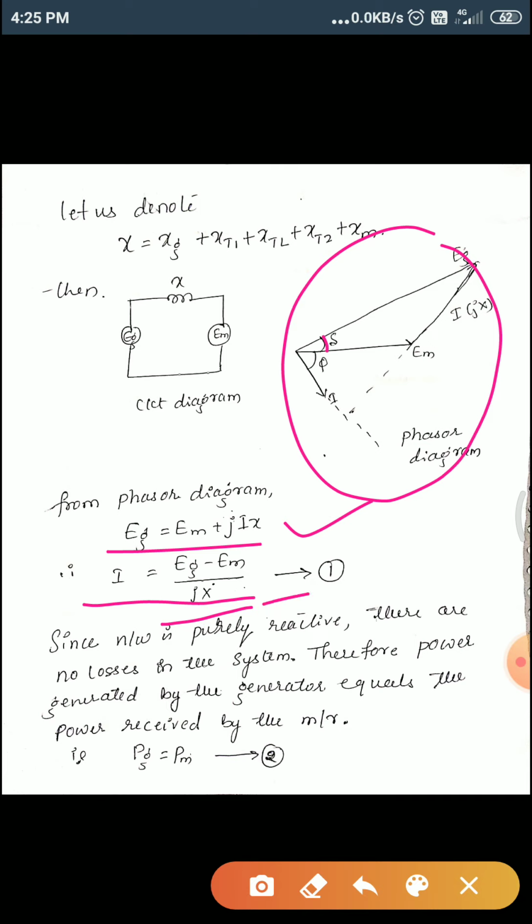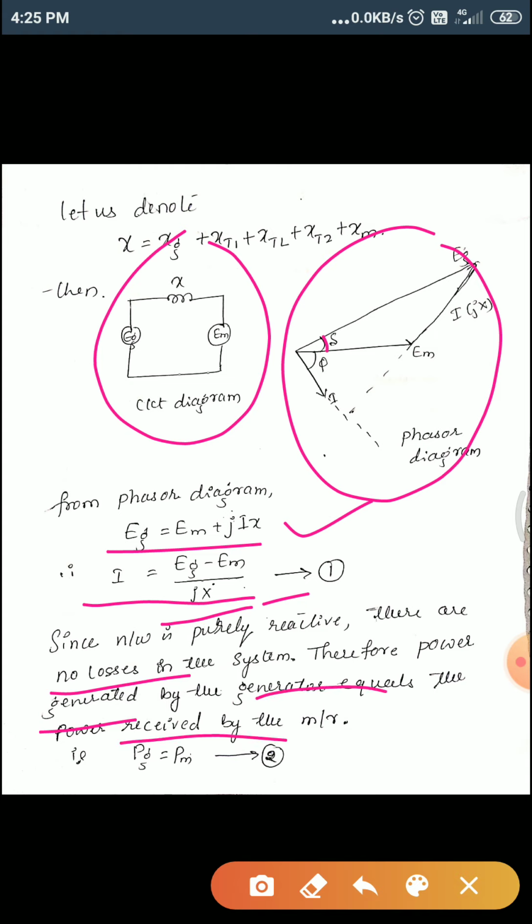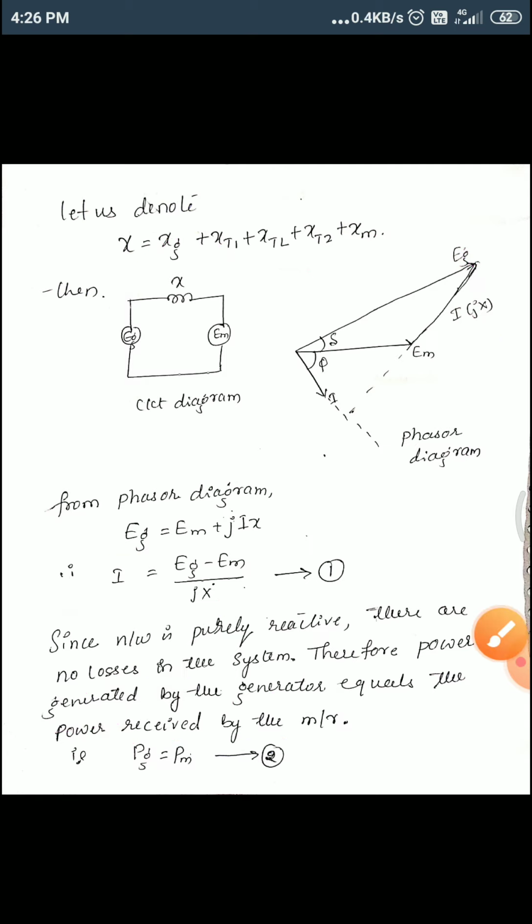Next, since this circuit is completely reactance, purely reactive, there are no losses in the system. Therefore whatever power is generated by the generator will be delivered to the motor. So Pz is equal to Pm. Let's call this equation number 2.